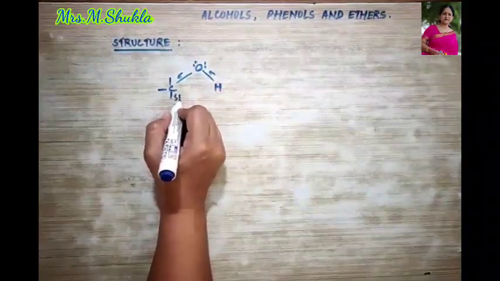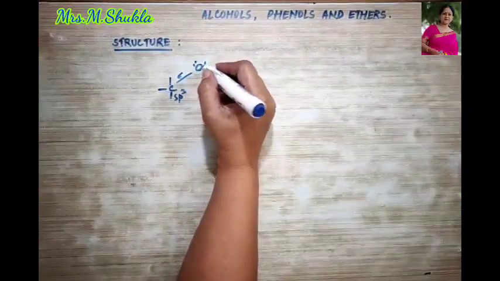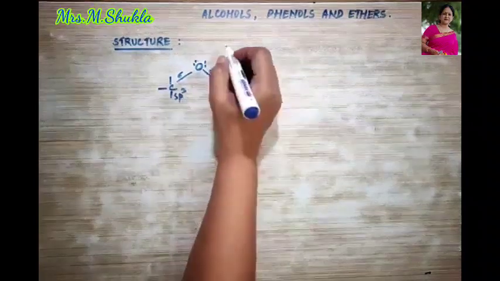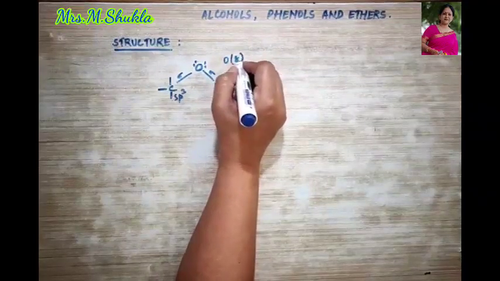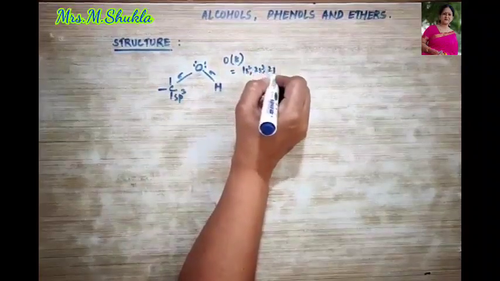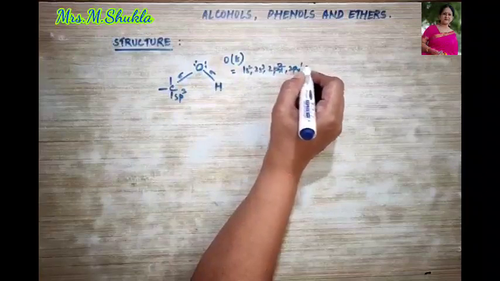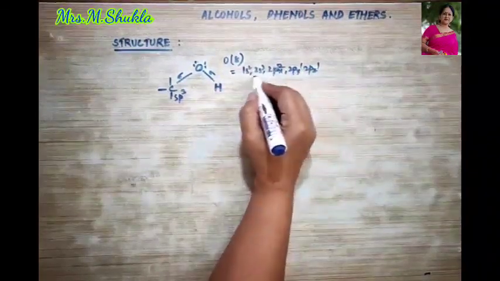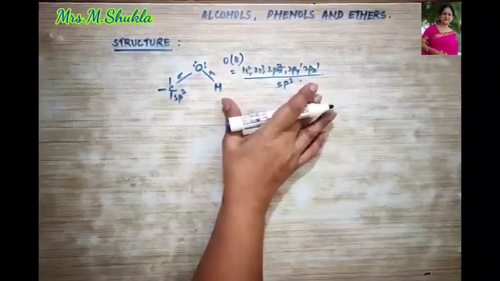This carbon has sp3 hybridization and oxygen also has sp3 hybridization. How does oxygen have sp3 hybridization? You already know that the atomic number of oxygen is 8. So it forms 1s2, 2s2, 2px2, 2py1, 2pz1. So what kind of hybridization is it showing you? It is showing you sp3 hybridized.